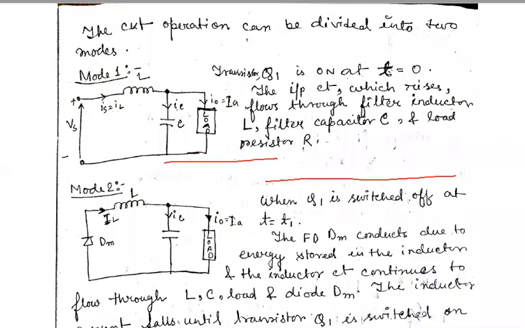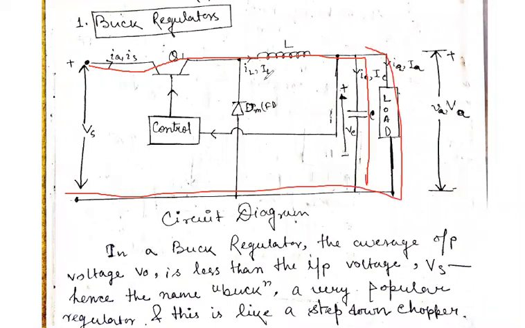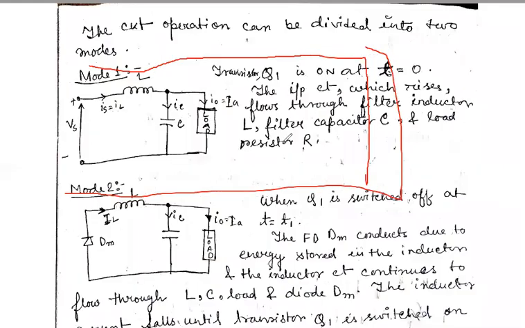Okay. So, mode 1, when the transistor Q1 is on at t equals 0. Then the circuit becomes on, meaning this becomes short. There is a capacitor and load, and this diode does not work, meaning this freewheeling diode does not work when the transistor Q1 is on. So this is mode 1.